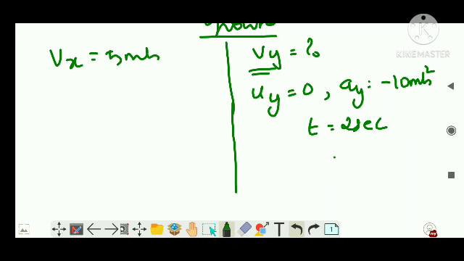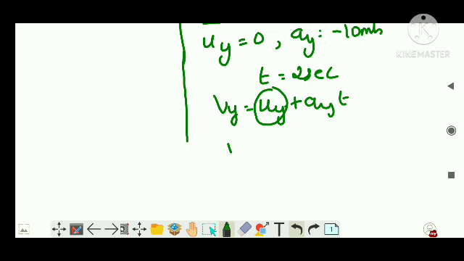Now it is simple. You know V is equal to U plus AT. So here I can write Vy is equal to Uy plus Ayt. And this parameter goes off as 0. So I can write Vy: what is Ay? It is minus 10. And what is T? It is 2.